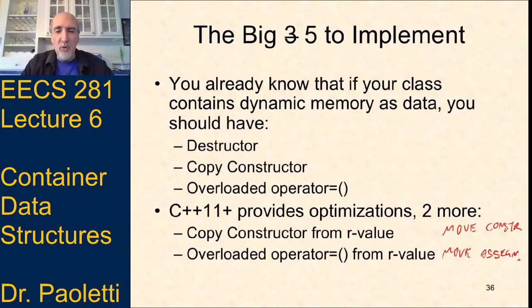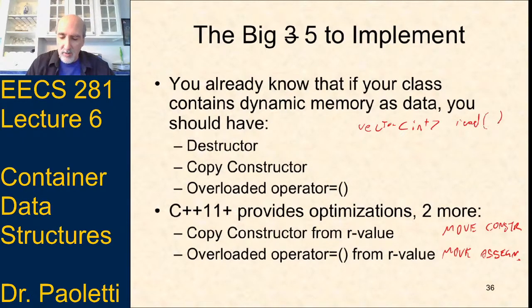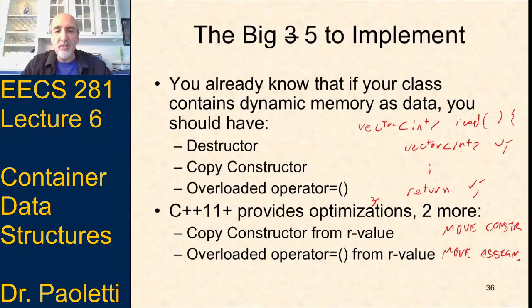The reason it's important to know this is if I write a function that returns a vector of int, and inside I create a vector of int v, and I do blah, blah, and then I return v at the end of the function. From C++11 and beyond, no copy of the vector is made.